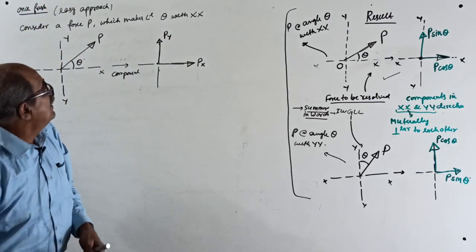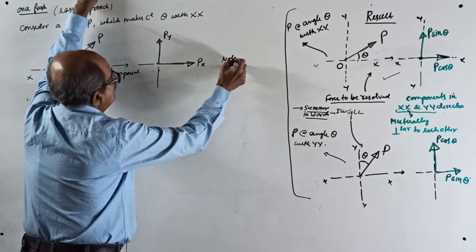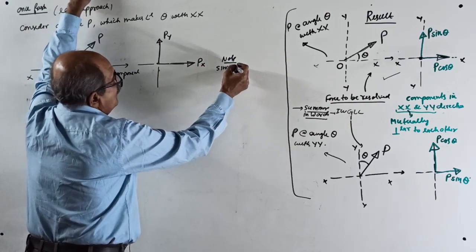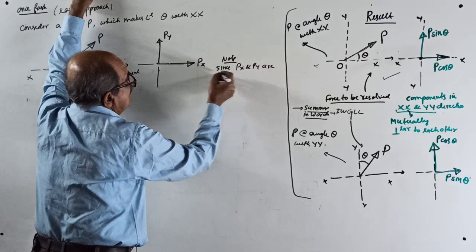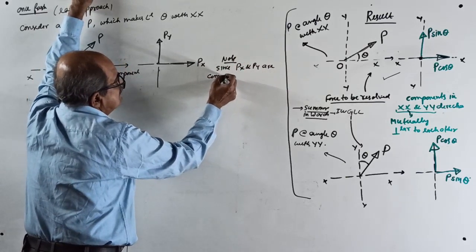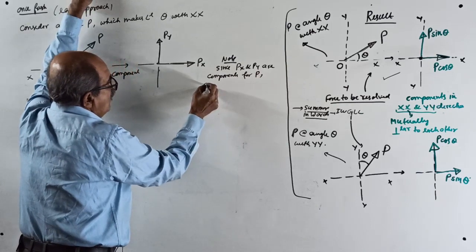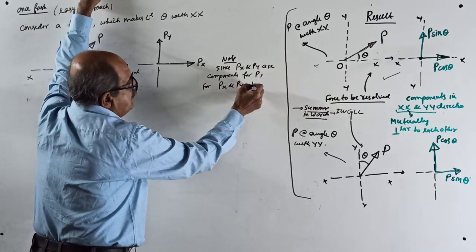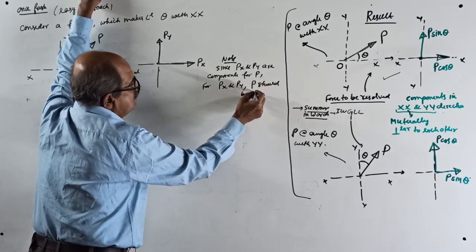Now, first make a note. You should write, since Px and Py are components for P, for Px and Py, P should be the resultant. This you know already. P should be the resultant.